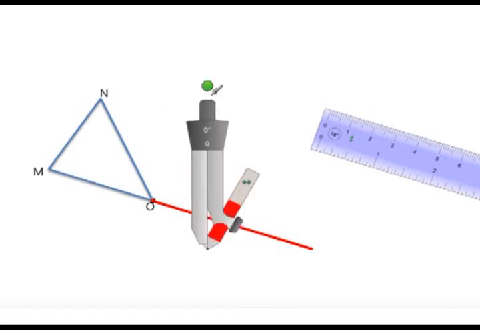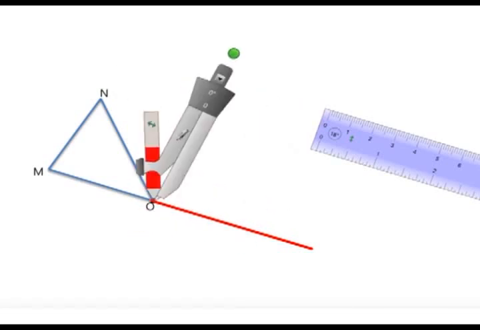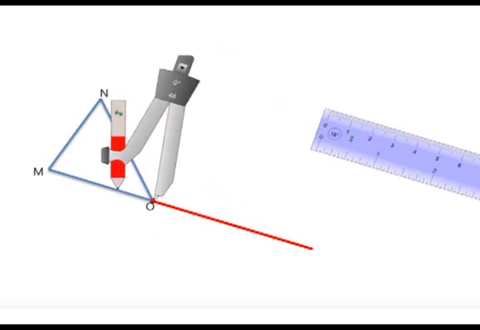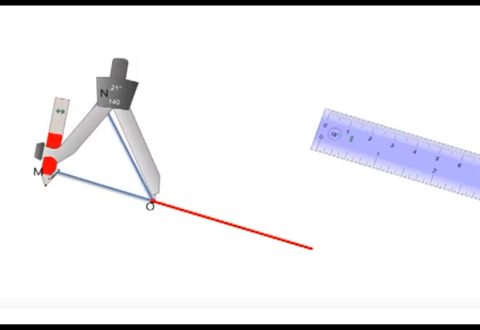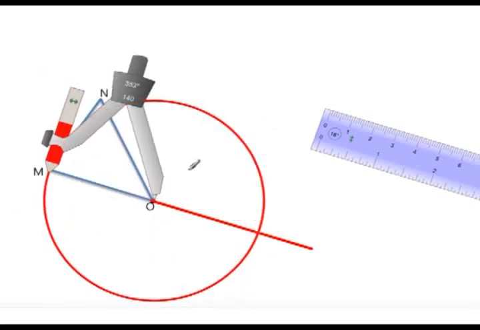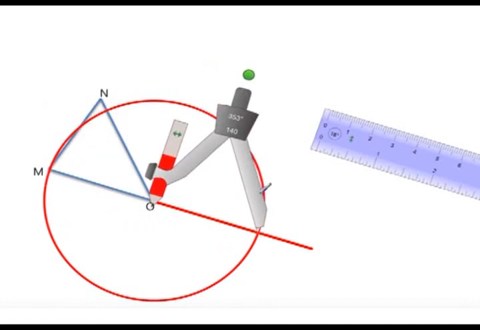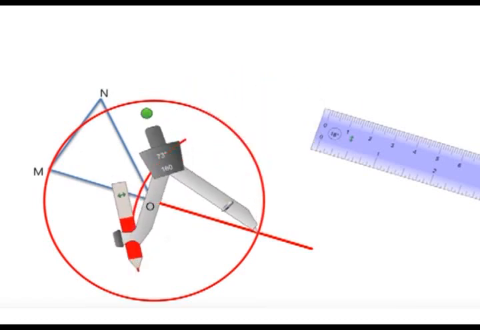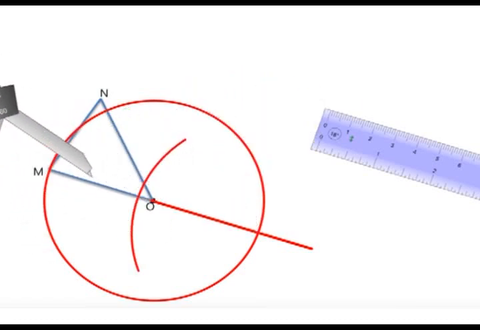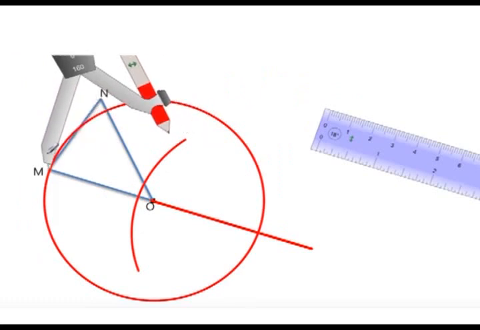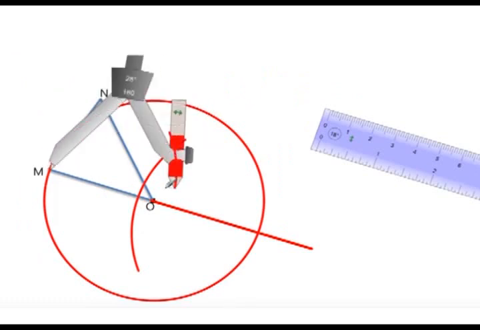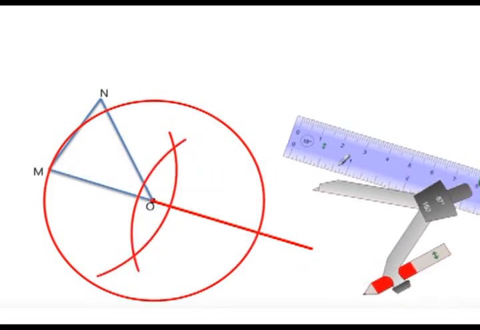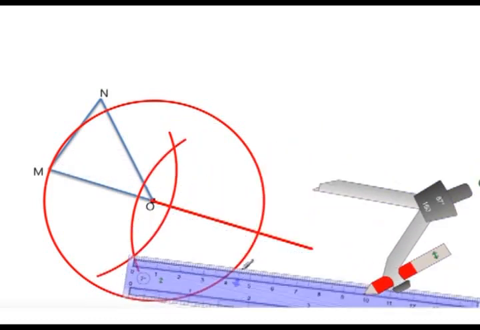Place the compass and take this distance. Draw the circle. Now we bisect the line. An arc to the other side. There. The other arc. And now draw the bisector.